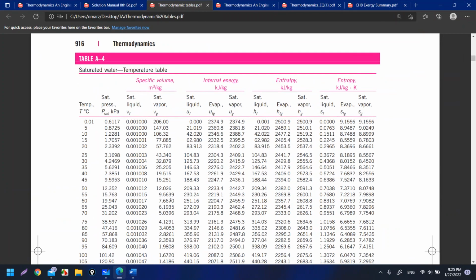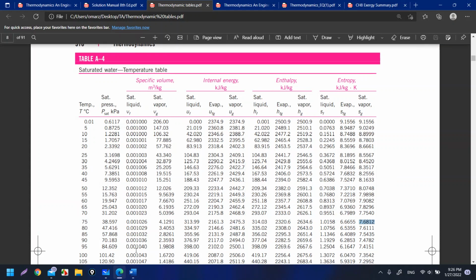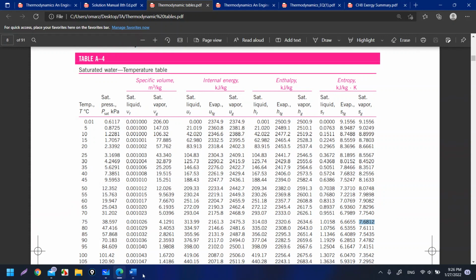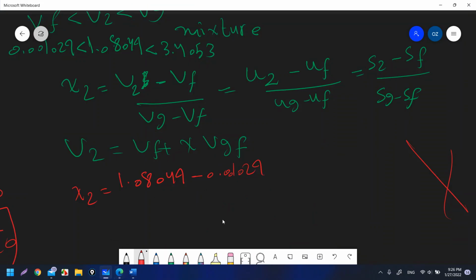It is here in the thermodynamics table, this one at 80 degrees Celsius, and Vg is this one. Also, I will get Uf, Ug, Sf, Sg from here. So I can find S2, U2, and I already have V2.